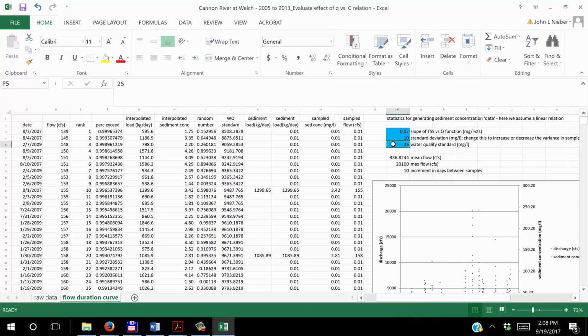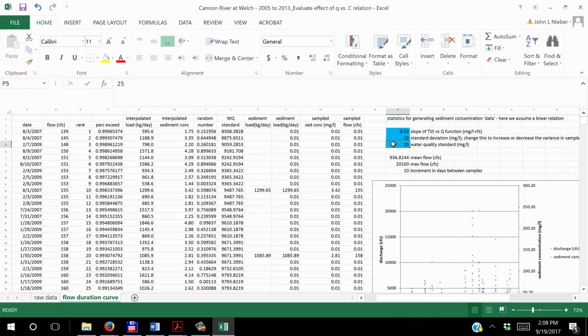And so what we do would be for every one of the discharge values that we've got in our flow duration curve, we would multiply those discharge values by this concentration, milligram per liter, and with correction factor and so on to change the units, I'd end up with a load of kilogram per day.